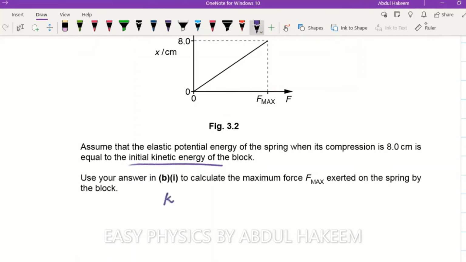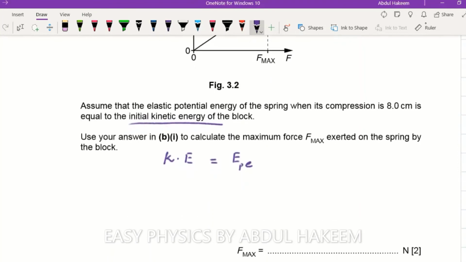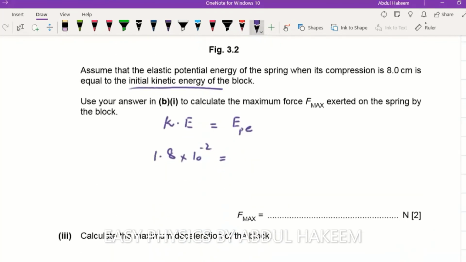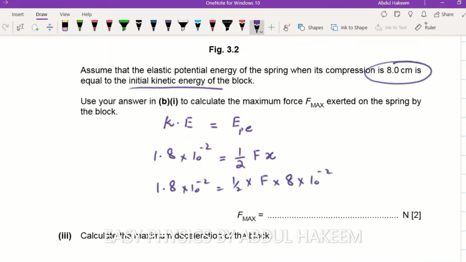Look, it is mentioned that elastic potential energy and kinetic energy both are equal, and the kinetic energy we calculated in the previous part is 1.8 into 10 power minus 2. From the graph, the area is the strain energy, the elastic potential energy, so it is 1 by 2 F into X. So 1.8 into 10 power minus 2 equals 1 by 2, the force is required, and the compression is 8 centimeters, meaning 8 into 10 power minus 2.